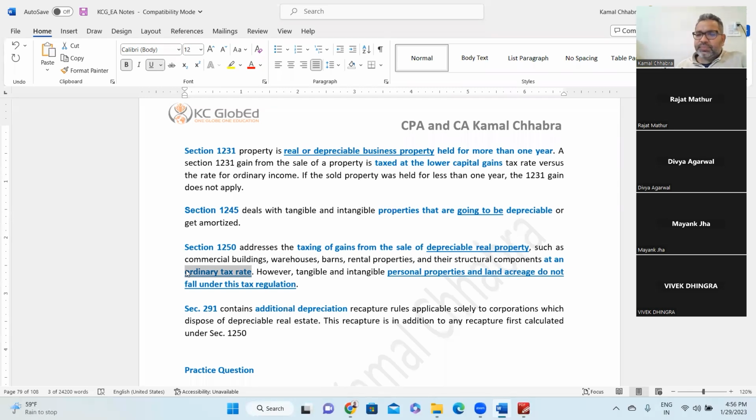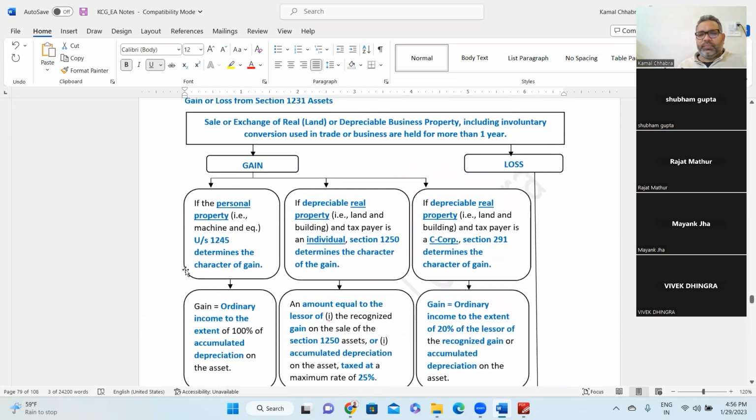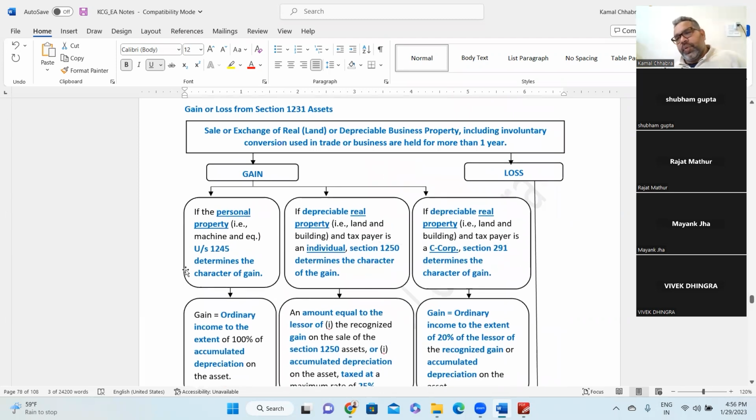Make sense? Yes, sir. So we understood what is 1231, we understood what is 1245, we understood what is 1250, and we also understood what is 291. That's an additional depreciation, right? Now let's come back to this chart. What this chart says: gain or loss from section 1231 assets.